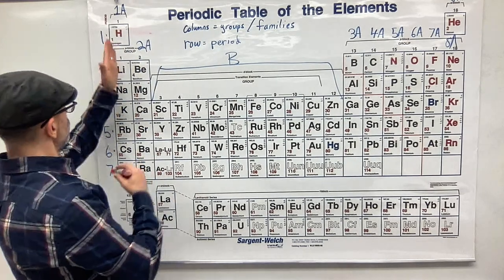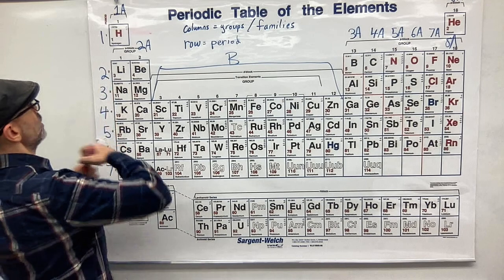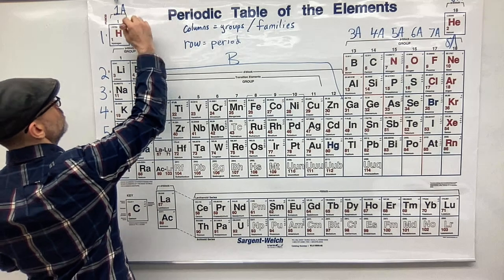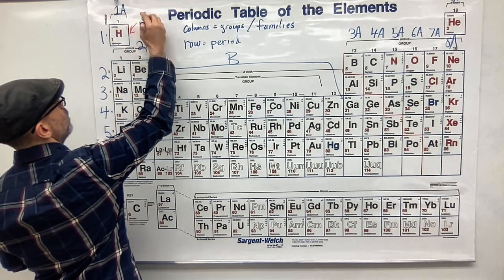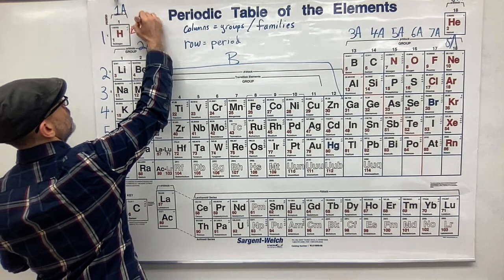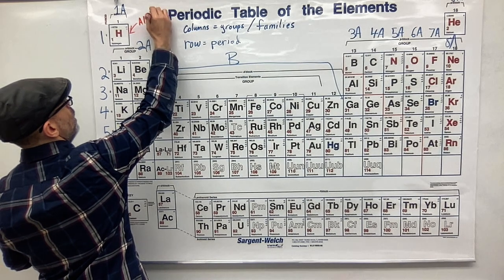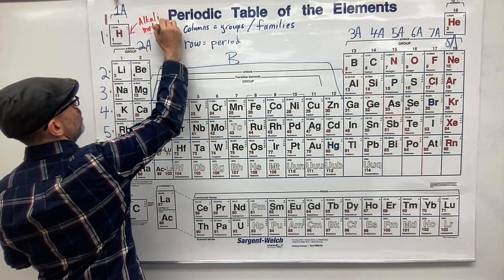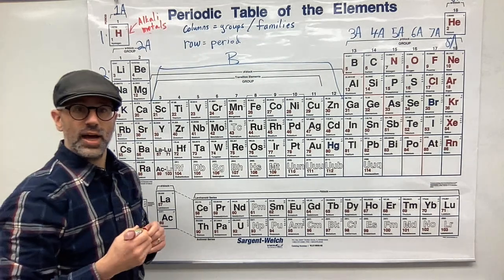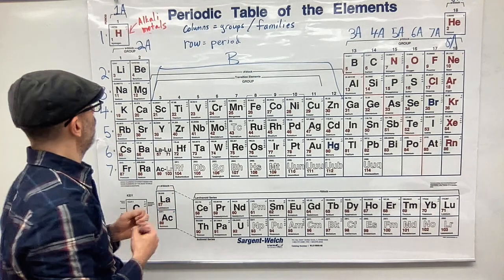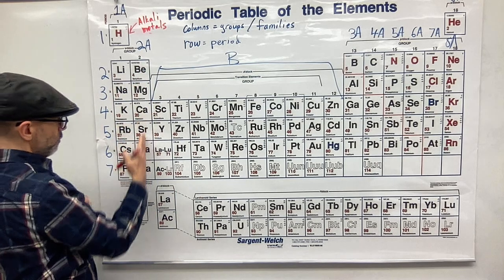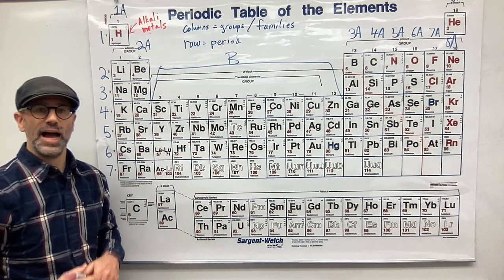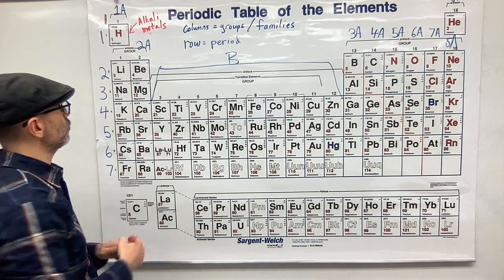So this group or family is referred to as the alkali metals. Hopefully you can read that well. Alkali metals. Now, this family here, this group is referred to by a similar name called the alkaline earth metals.